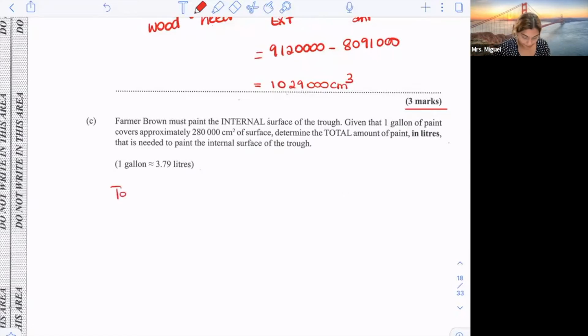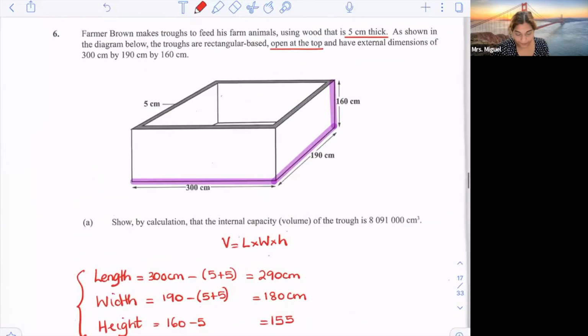So we're going back. We have the internal part here. If we're looking at the long side and this side, that is this big part at the bottom here, right? So we have to subtract.